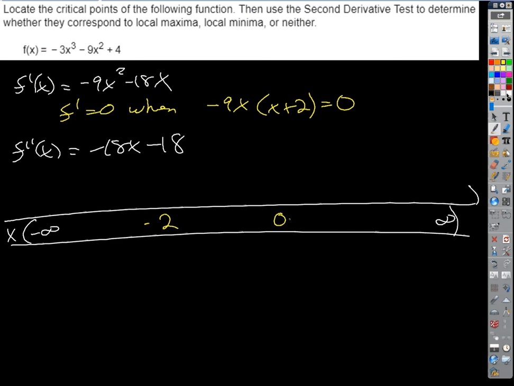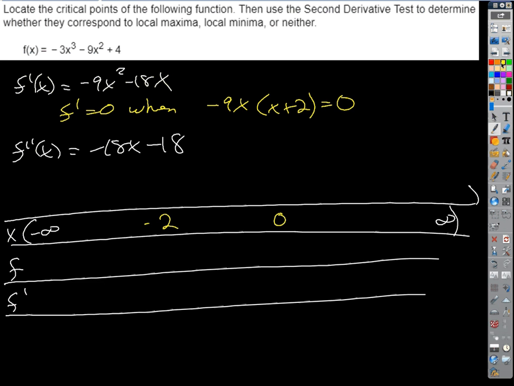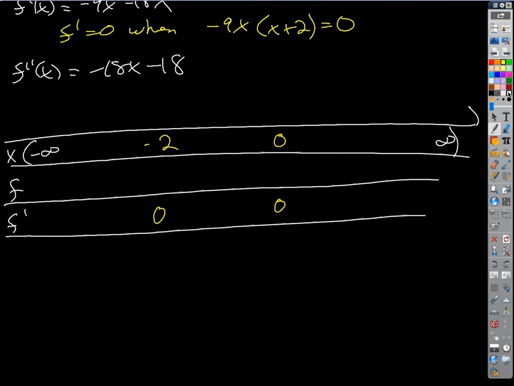And let's finish our table up here. So we get F prime. What's going on at F prime there? 0. Okay, good. So those are zeros of the first derivative. I'm going to leave room for one more row this time. But that tells us down here at the bottom, if those are 0 derivatives, what does that tell us? Well, maybe.